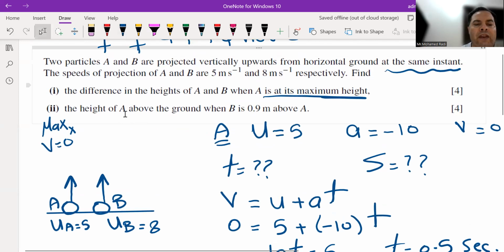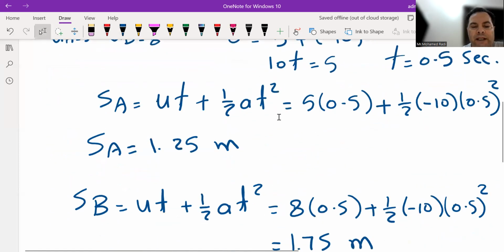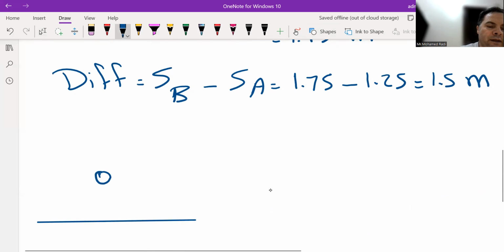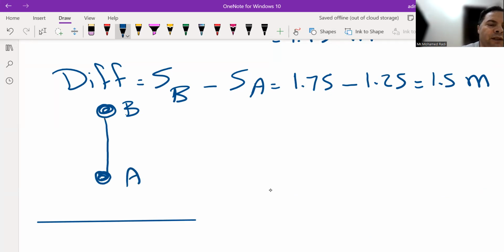Part 2. The height of A above the ground when B is 0.9 meter above particle A. I'll show this part like this. Now we have particle B above particle A by a distance 0.9.